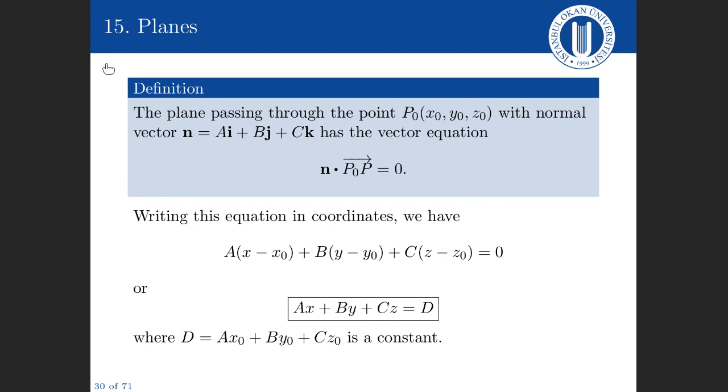In other words, n dot P0P must be equal to 0. If we use coordinates, that's the same as a(x minus x0) plus b(y minus y0) plus c(z minus z0) is equal to 0. Or if we rearrange this, we get the formula in the box, the standard equation for a plane. ax plus by plus cz is equal to d, where a, b, and c come from the normal vector n.